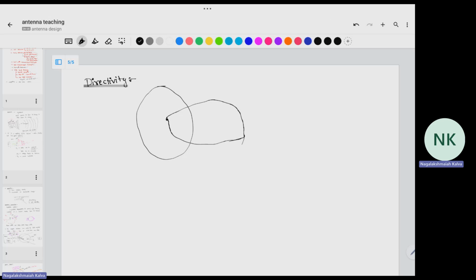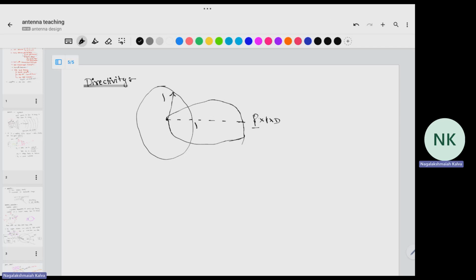If I take this as a reference 1, then compared to isotropic 1, I'm getting my power intensity radiated in a certain direction. So here, if you say 1, this will be 1 times directional property D.